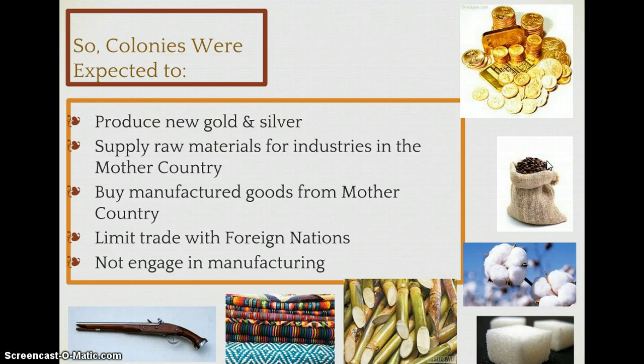And we're talking about early factories, so not machine factories. They would limit trade with foreign nations, so that's why the colonies could only give stuff to the mother country, nobody else, and they themselves would not engage in manufacturing.